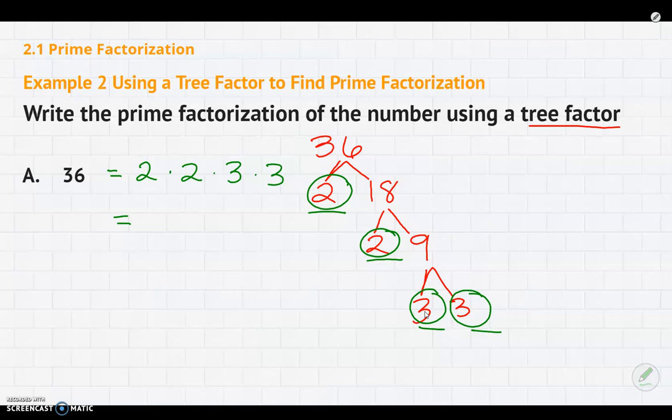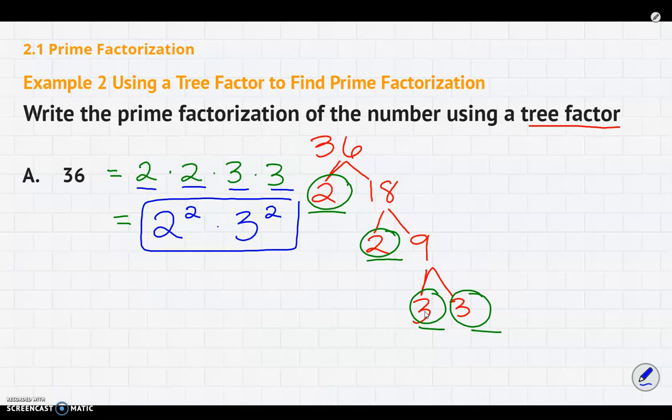So currently we have 2 2's, which means that is really 2 to the second power, okay, times, and then we have 2 of these 3's, so that is really 3 to the second power. So this is how I want you to write your answer using these exponents. Okay, so we have 2 2's and 2 3's. So that's how we would write our answer.